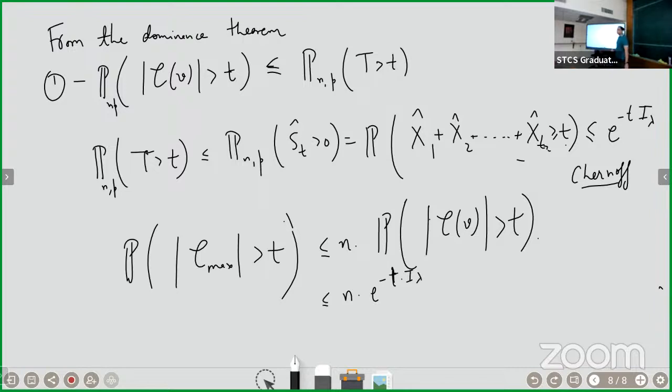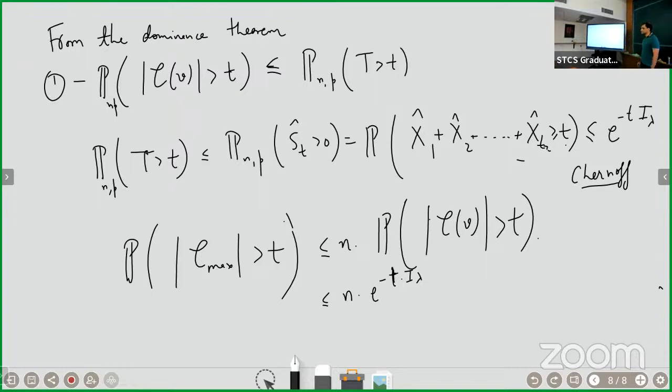Now if I plug in t equal to how much? A log n. That's what I'm interested in. What do I get? Our evaluation for the t of interest is a times log n.